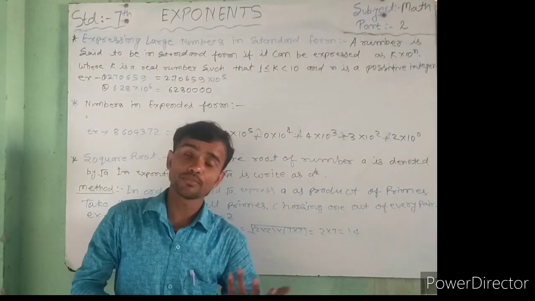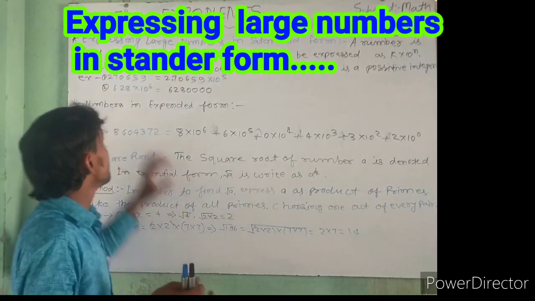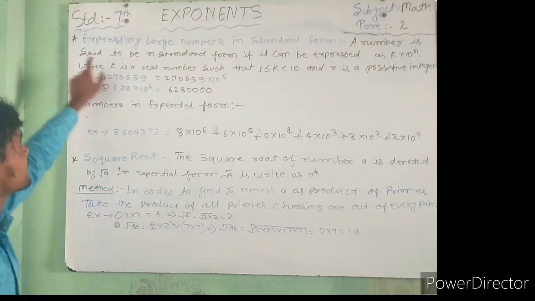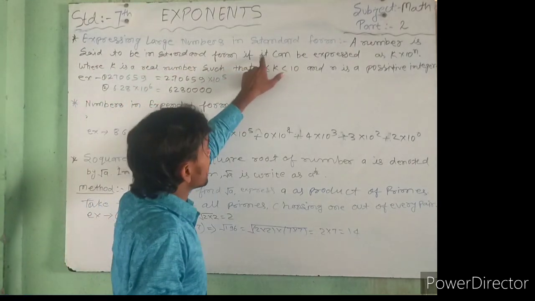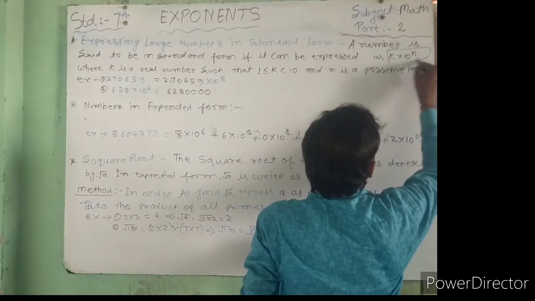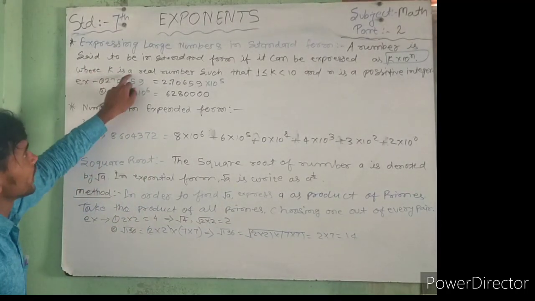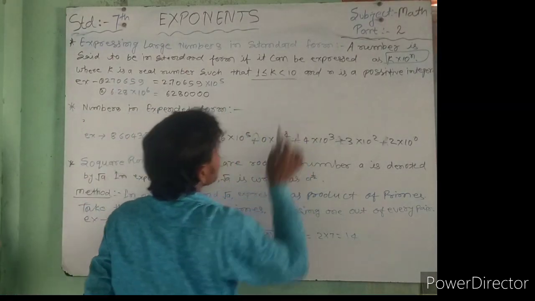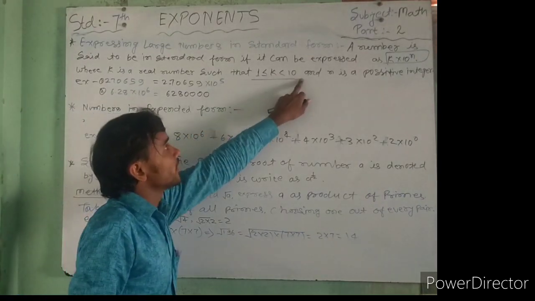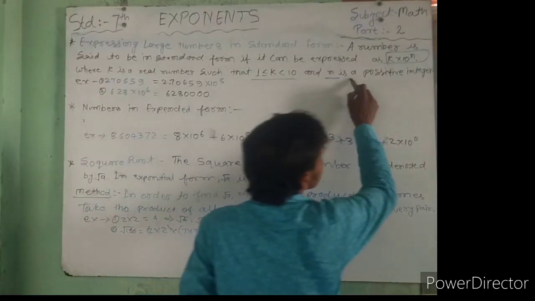A number is said to be in standard form if it can be expressed as k into 10 power n, where k is a real number such that k is greater than or equal to 1 and less than 10, and n is a positive integer.